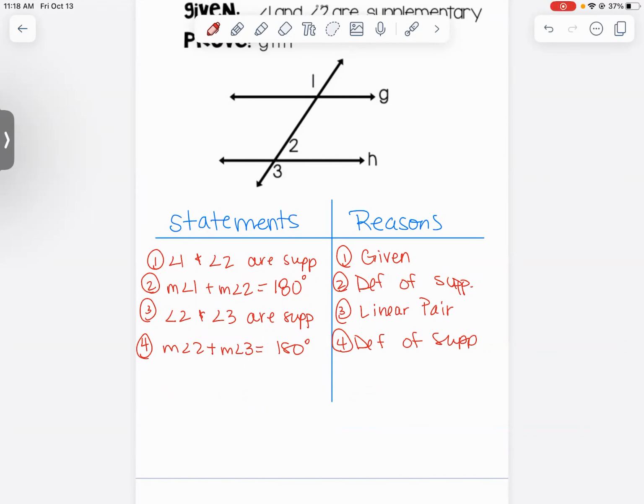Okay, we can say, if both of these add up to 180, then the measure of angle 1 plus the measure of angle 2 equals the measure of angle 2 plus the measure of angle 3.